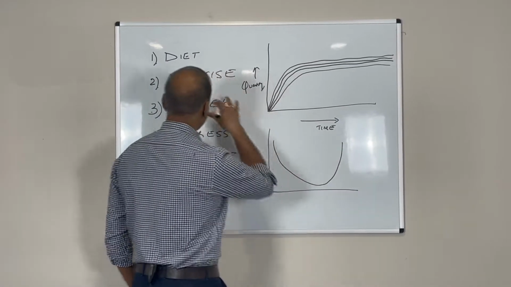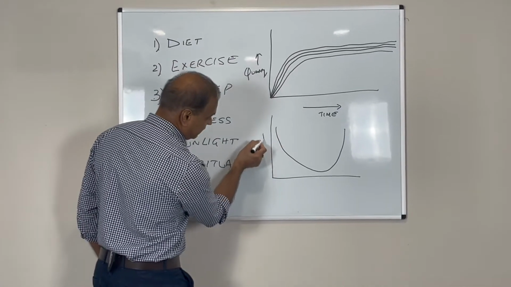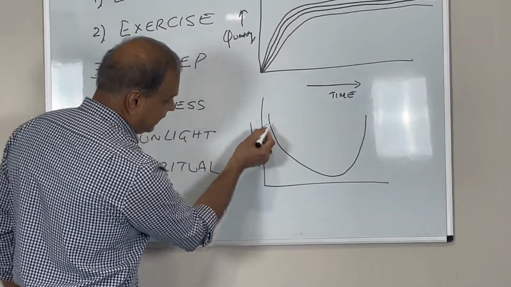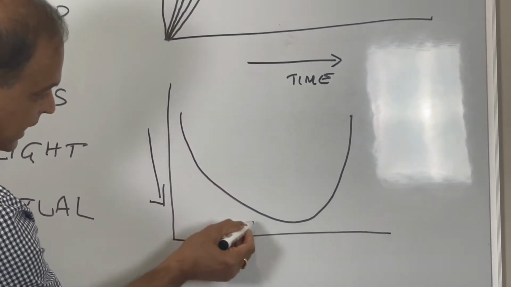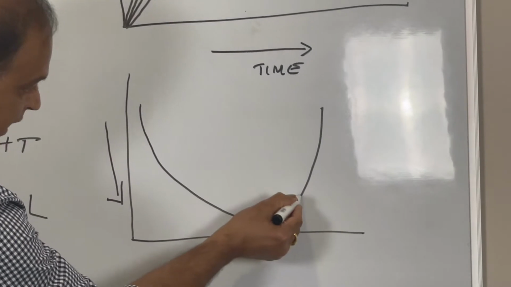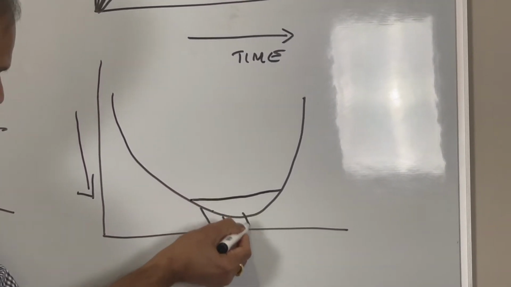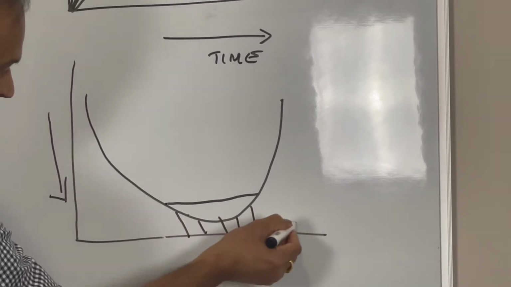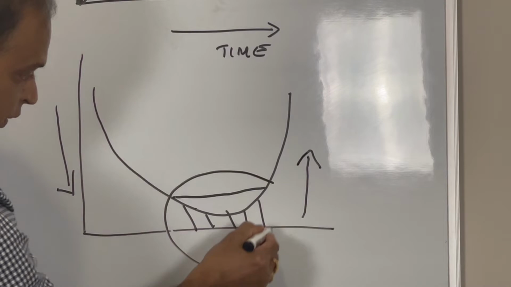So if you intervene with anything beyond a certain point, let's say you get benefit from something and the risk or mortality decreases to a point where there is a sweet spot here, and then after some time the opposite effect happens if you do more. So you always have to look at that sweet spot.